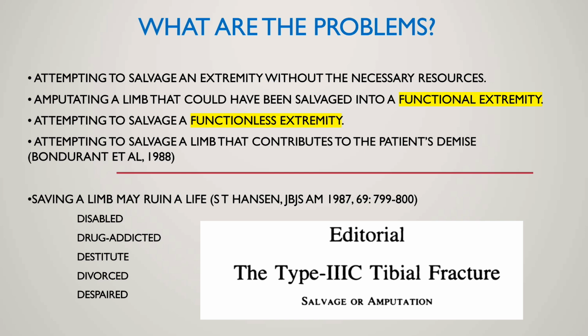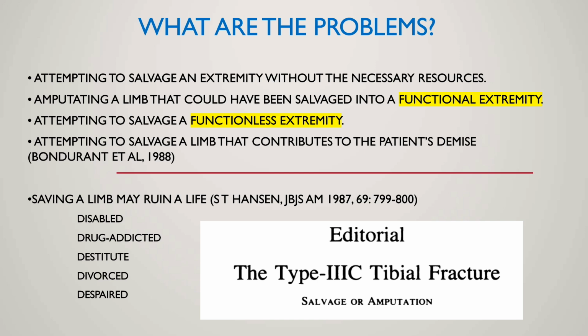Amputating a limb that could have been salvaged into a functional extremity. So it could be reconstructed, but is amputated because of lack of experience. Attempting to salvage a functionless extremity. Again, this is very, very important because that causes this: we create disability, more impairment, destitution, breakdown of the family, and despair.